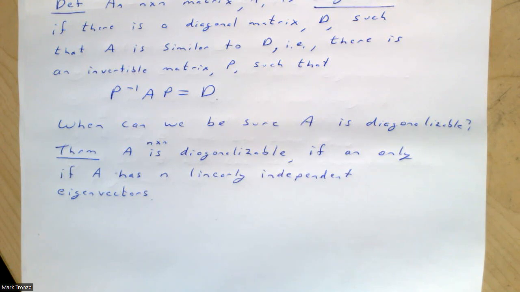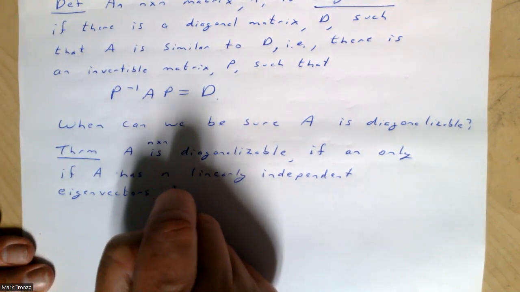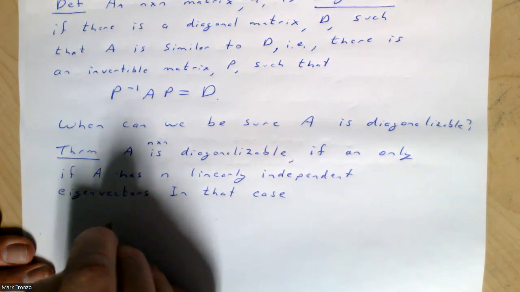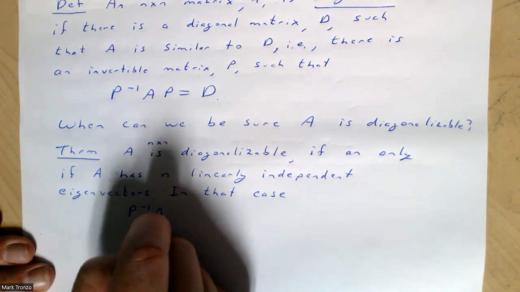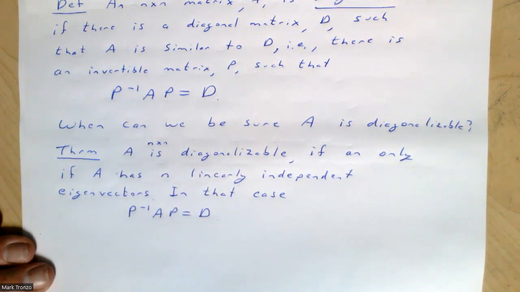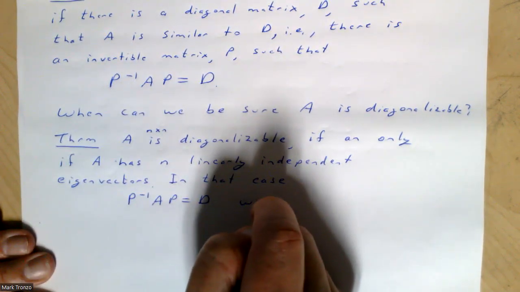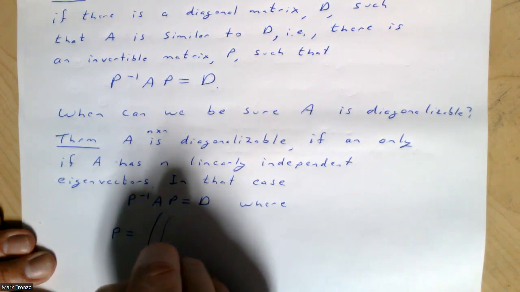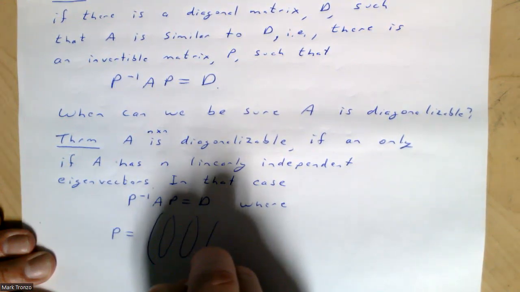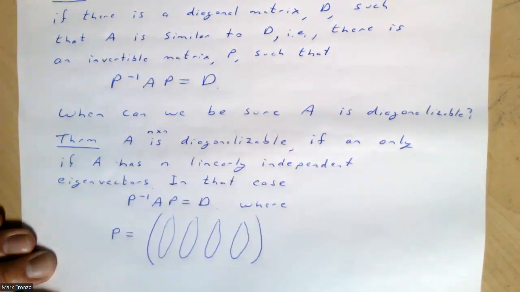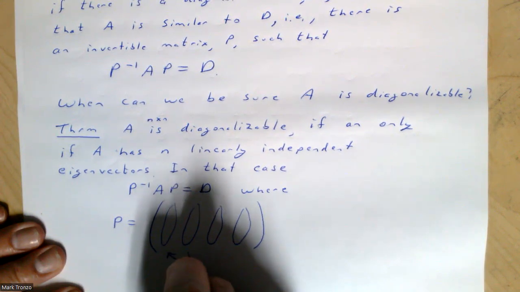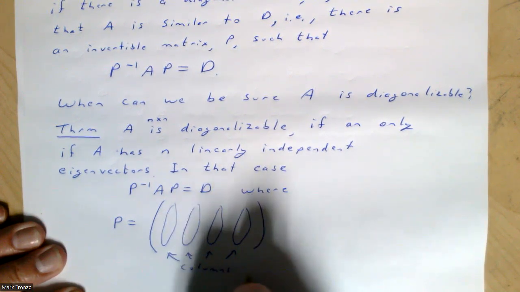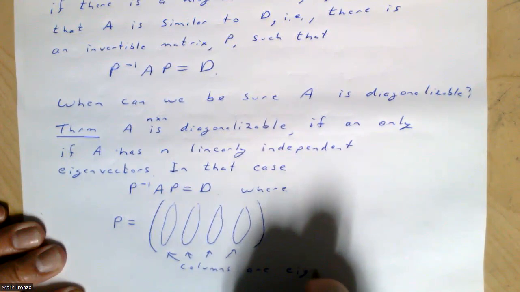And in fact, in that case, P inverse AP is equal to D, where P is like this, and the columns are the eigenvectors.